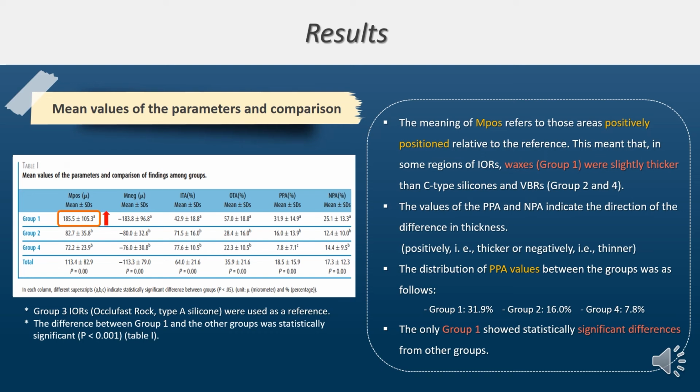The values of the PPA and MPA indicate the direction of the difference in thickness. The distribution of PPA values between the groups was 31.9% for Group 1, 16% for Group 2, and 7.8% for Group 4. Only Group 1 shows statistically significant differences from other groups.